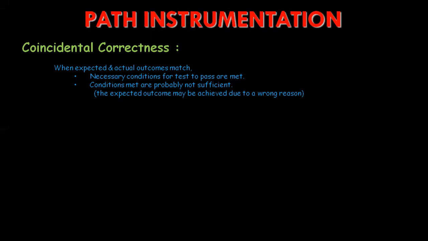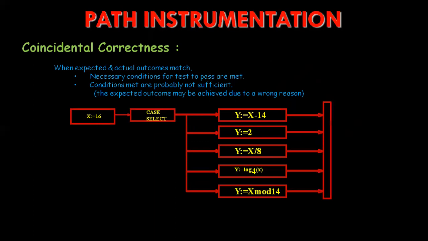For instance, coincidental correctness can be represented like this. Let us consider an input variable x, where the initial value we are taking as 16, which produces a single outcome y equal to 2. Here the y value will be 2, in this case also it will be 2, even in this case it will be 2. Whatever case we select, the y value will be 2 for x equal to 16.